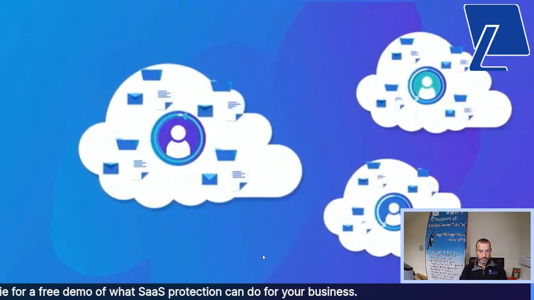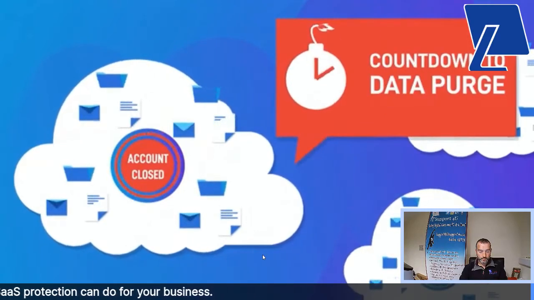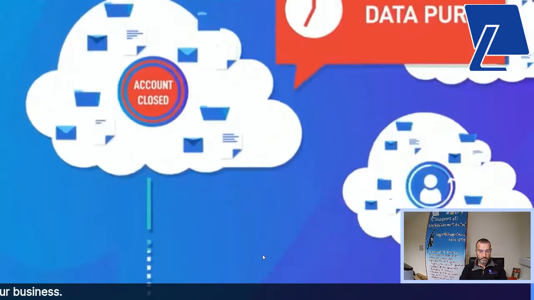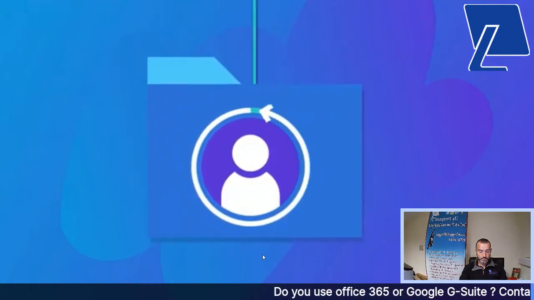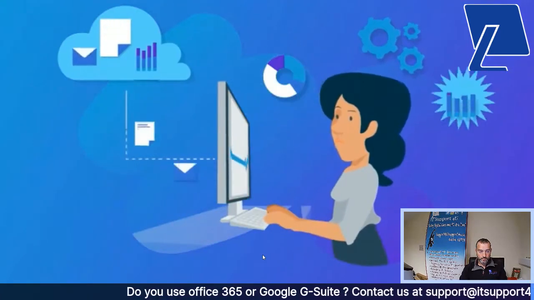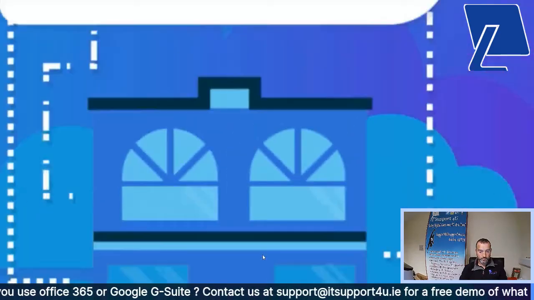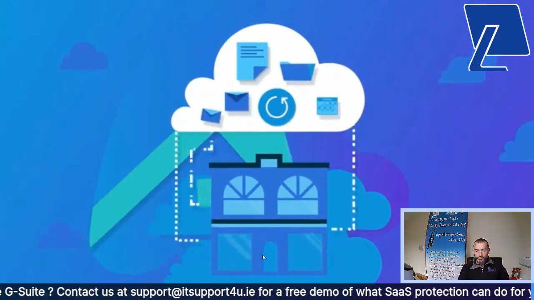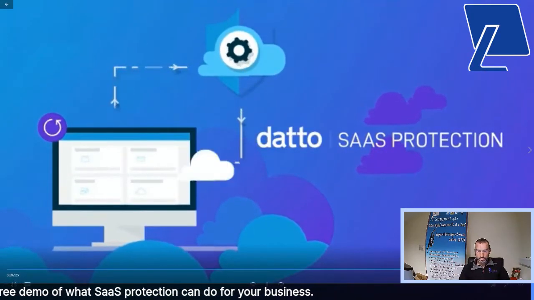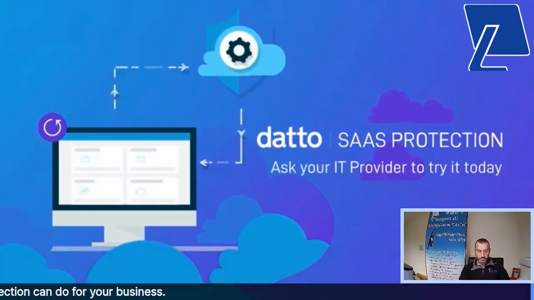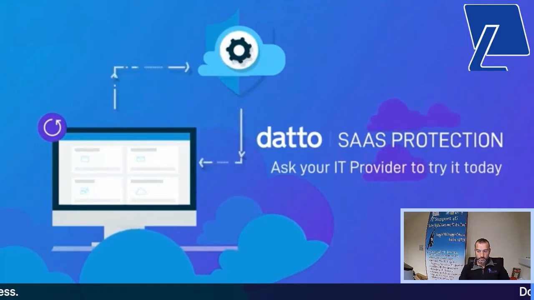Not only that, but by saving your data automatically in SaaS Protection, you simply pay for the backup, not the entire SaaS license fee when an employee leaves the company. Rest easy in your move to the cloud and focus on your business with the Cloud Backup Expert. SaaS Protection is comprehensive data protection in the cloud. Ask your IT provider to try it today to ensure your business against data loss, no matter what.